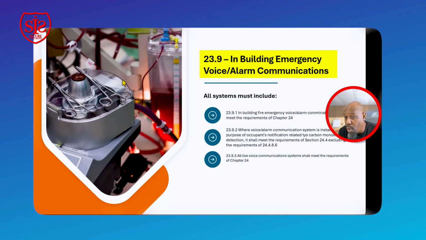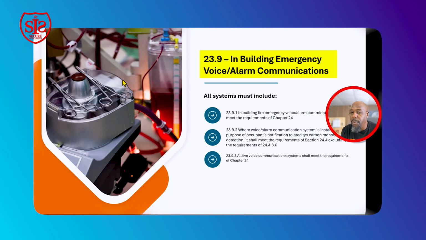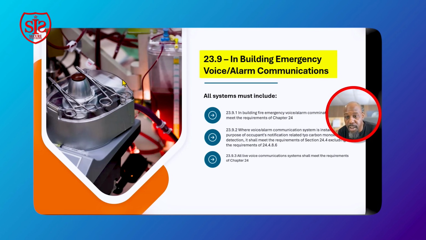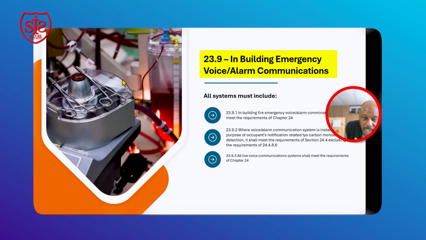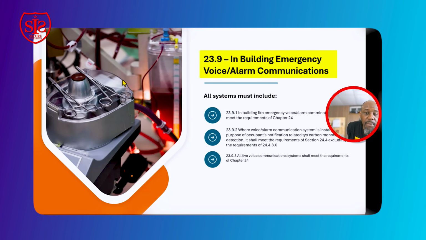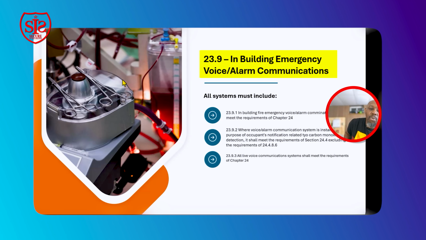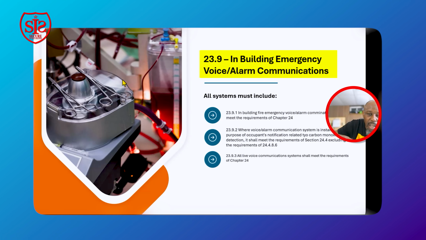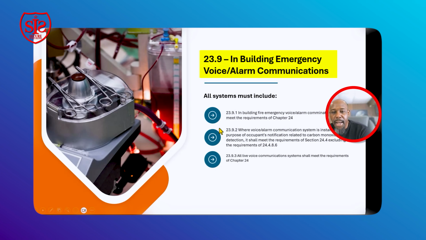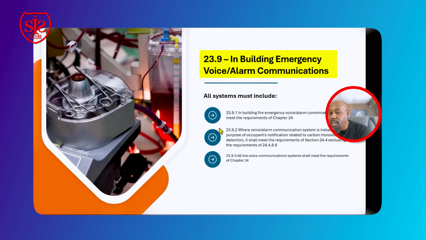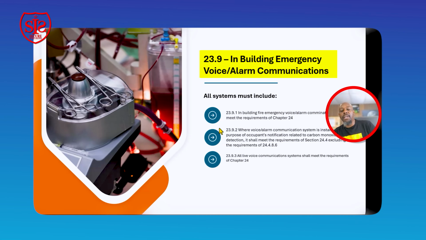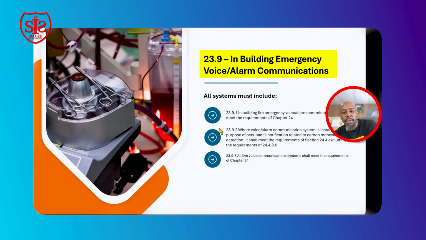And Chapter 24 is the ECS, the Emergency Control Systems. 23.9.2, where a voice alarm communication system is installed for the purpose of occupant notification related to carbon monoxide detection, it shall meet the requirements of Section 24.4, excluding the requirements of 24.4.8.6. And lastly, 23.9.3, all live voice communication systems shall meet the requirements of Chapter 24.